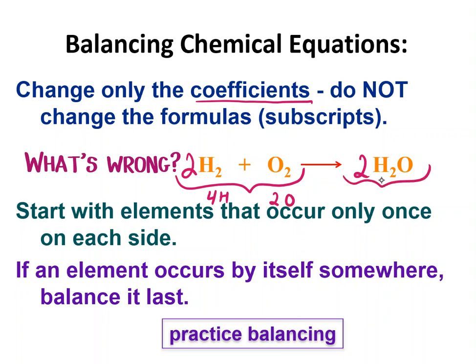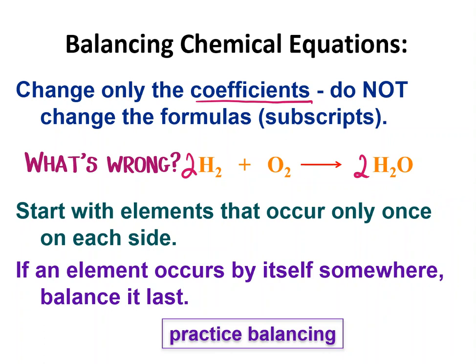After the reaction I have 2 times 2, that's 4 hydrogens, and then to count my oxygens I need to know that this coefficient multiplies through. So this has 2 oxygens as well. So we say that is balanced.